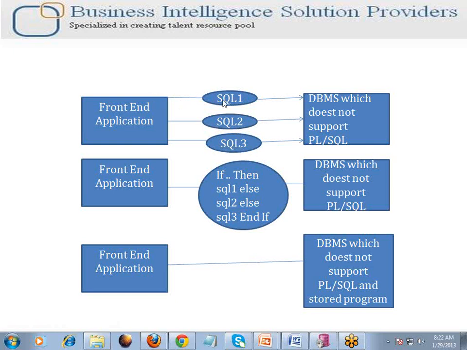If you write one SQL, it will go to the Oracle database or any database, fetch the information and come back to the front-end application. Second, if another type of information is required, you write another SQL, go to the DBMS, and come back again. So you can see there are 3 input outputs with 3 SQLs, which increases the network traffic and degrades performance. Remember, input output is the biggest killer of SQL performance.